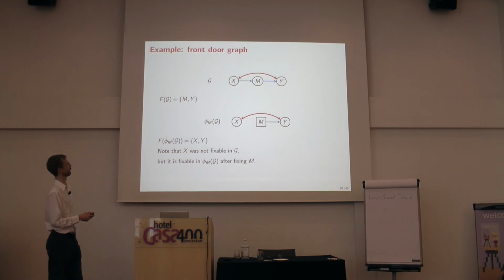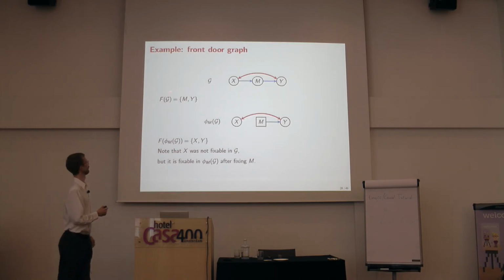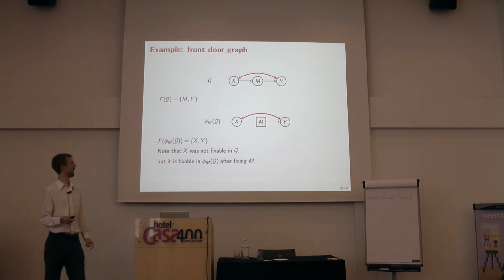For example, with this front door graph, we saw that the set of fixable vertices was M and Y. I could have fixed Y, but if I choose to fix M, then I get this graph. You can see M has gone from being a circle to being square, and I've gotten rid of this edge.